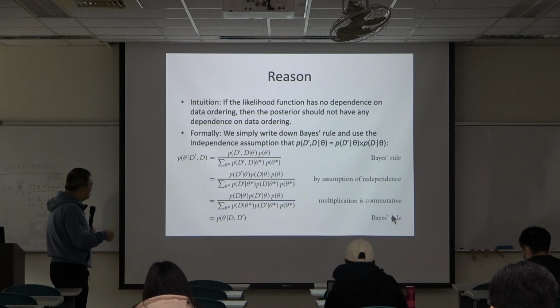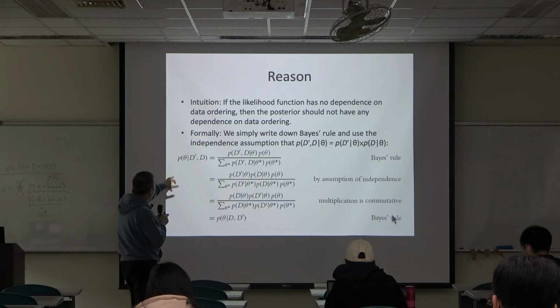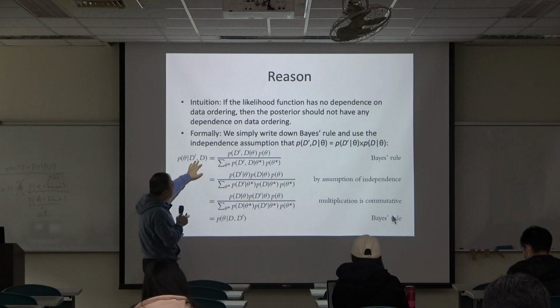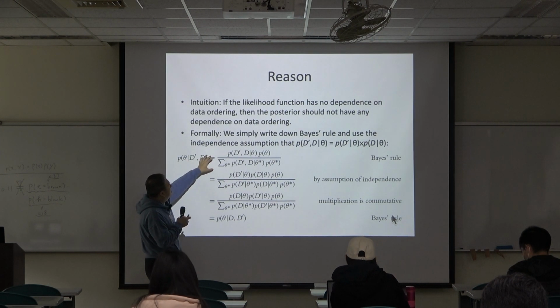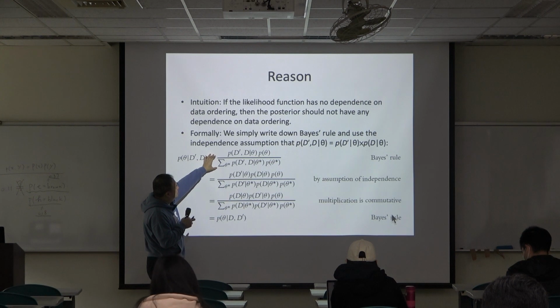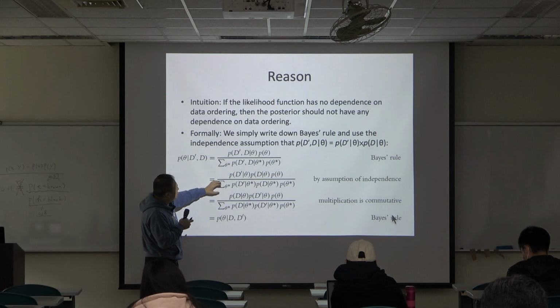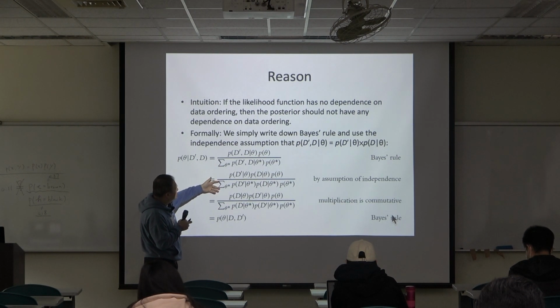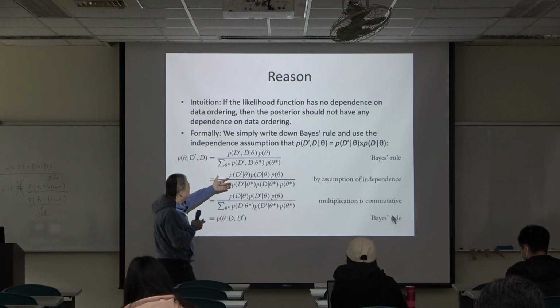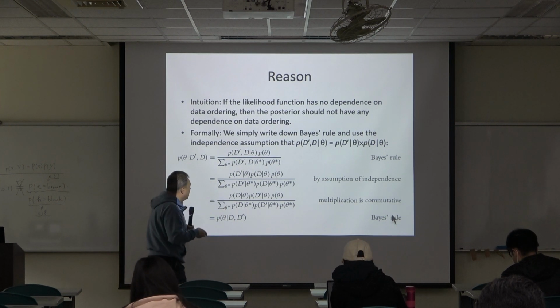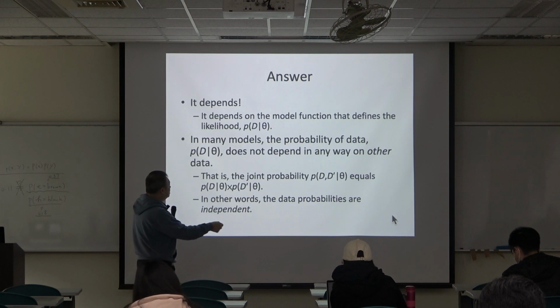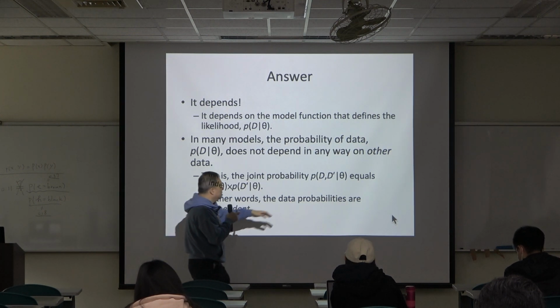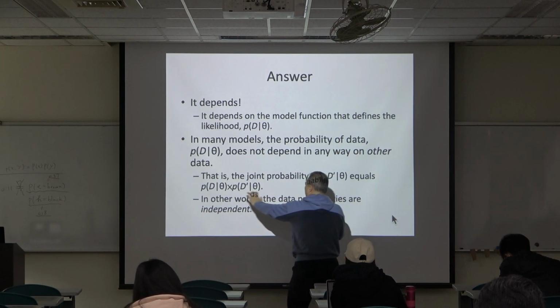We can formally prove this. P of theta on condition of d prime and d, we can write it like this, and without changing it, the denominator becomes like this, because as we said, p of d prime on condition of theta equals this one.